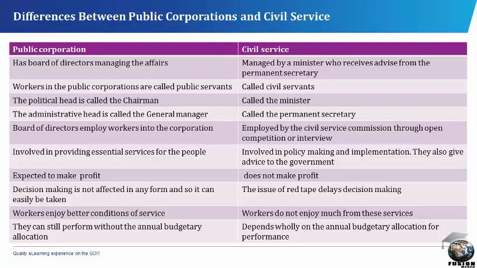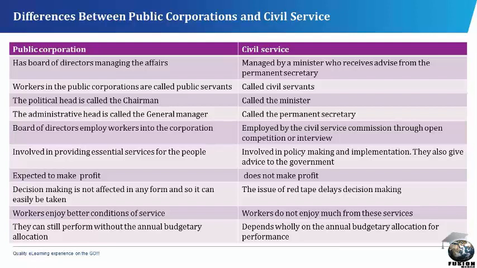Number 3, the political head of a public corporation is called the chairman, while the political head of a civil service is called the minister. Number 4, board of directors employ workers into the public corporation, while in the civil service, the commission employs through open competition or interview.